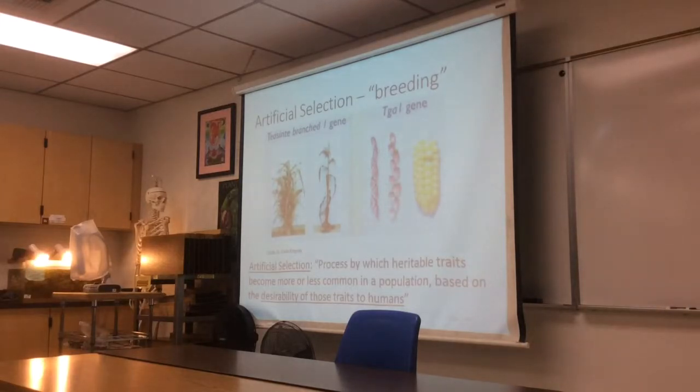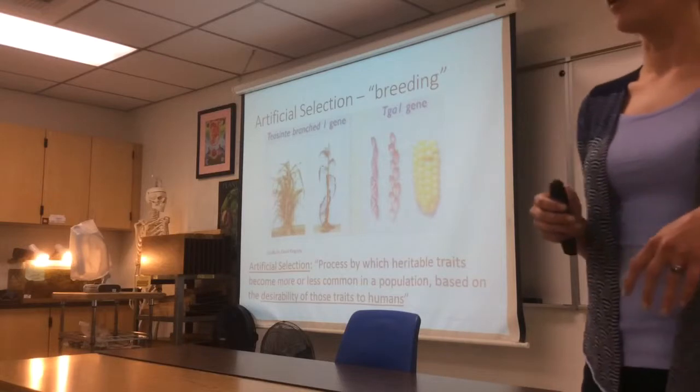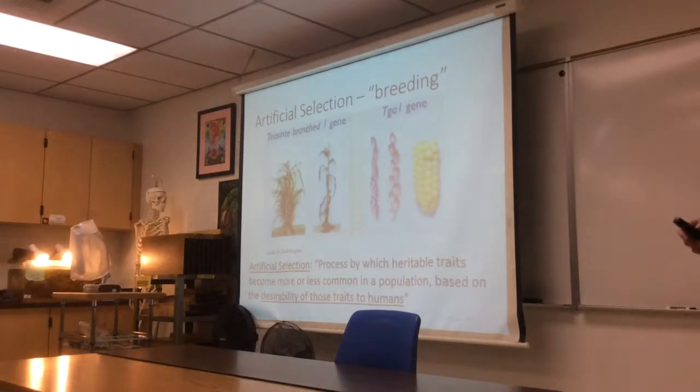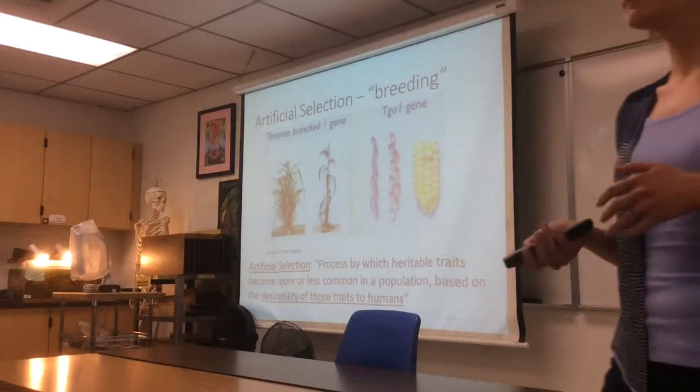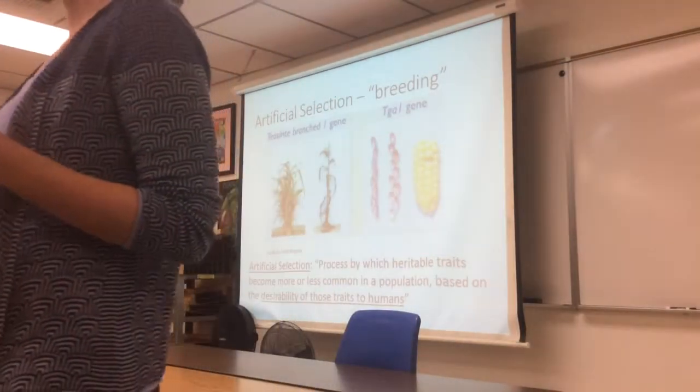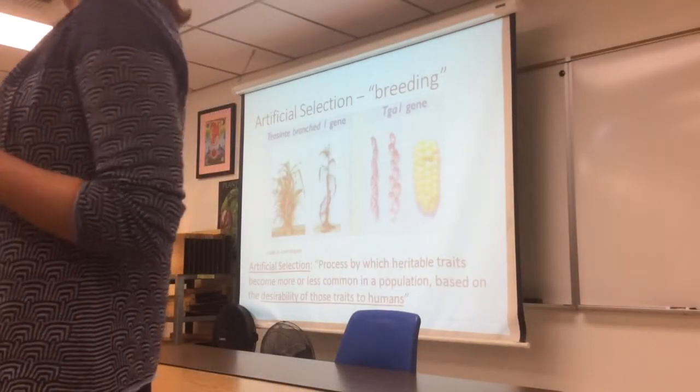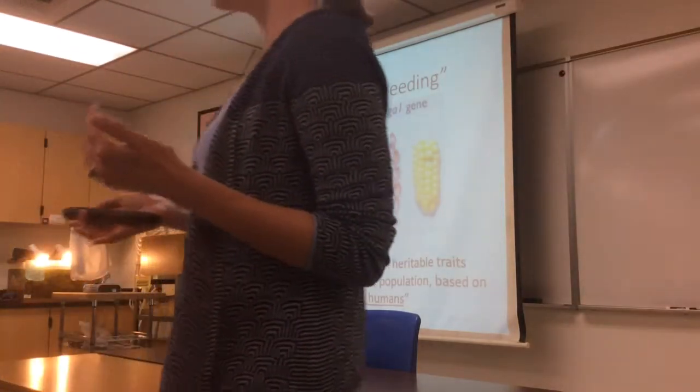Okay. So we started off by talking about artificial selection or breeding, which is the process by which heritable traits become more or less common in a population based on the desirability of those traits to humans, which is of course a little bit different than natural selection, where it's the natural environment putting selective pressures on different organisms in the environment.